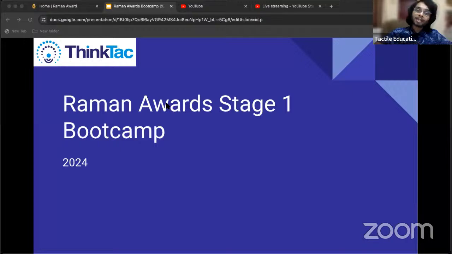And if you've been nominated by your school, then you directly pass on into stage two. So just keep this in mind that if you have any questions about stage two, we can handle it in the stage two bootcamp.